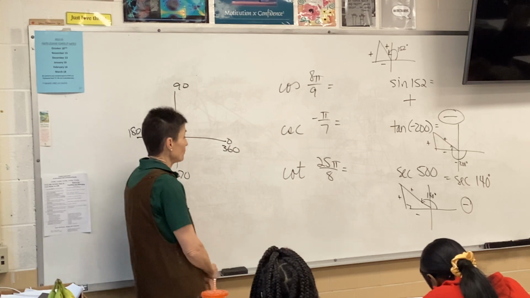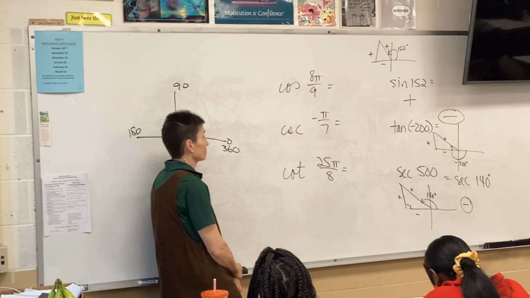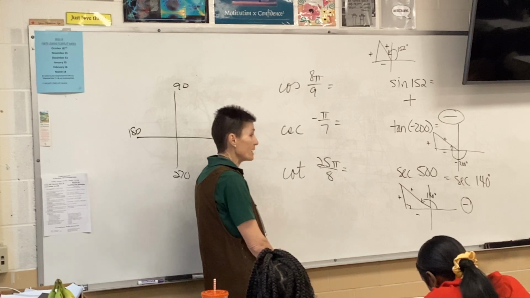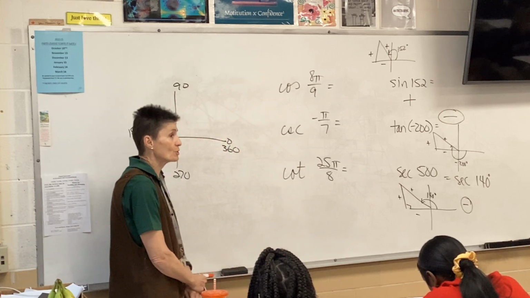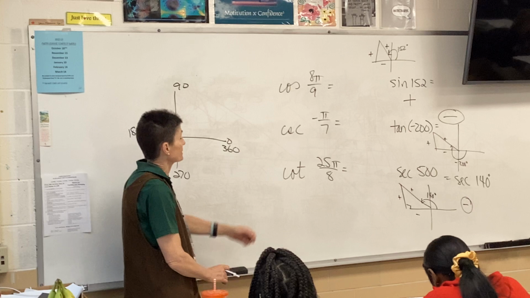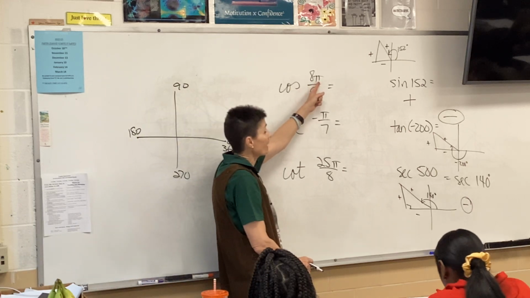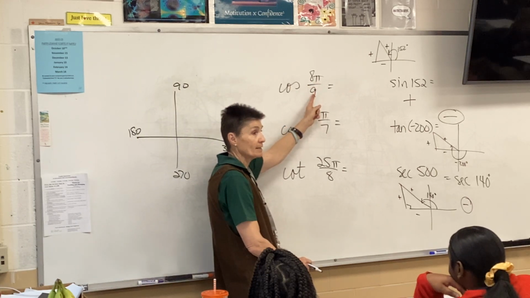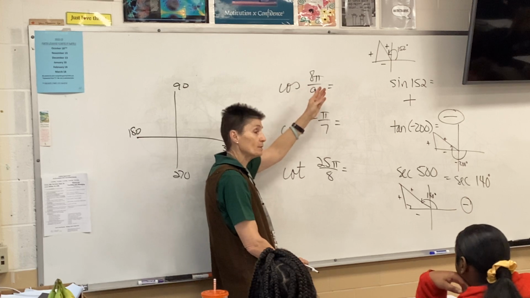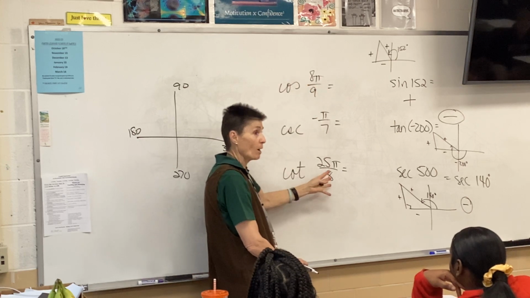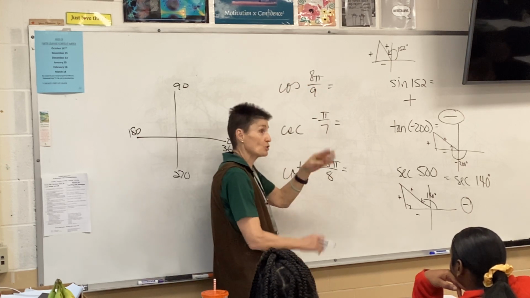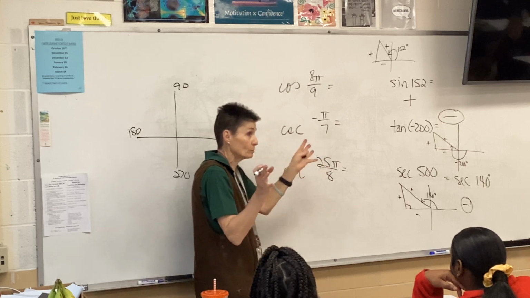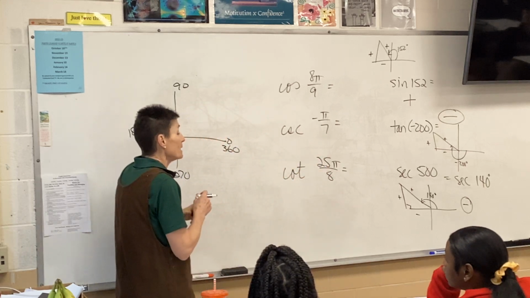All right, now we're going to do the radian ones. Now you can obviously change these into degrees if you want. So this would be 8 times 180 divided by 9. You can absolutely do that. Now these are no calculator problems, so if you're going to change it, you're going to change it on your own, doing your arithmetic.